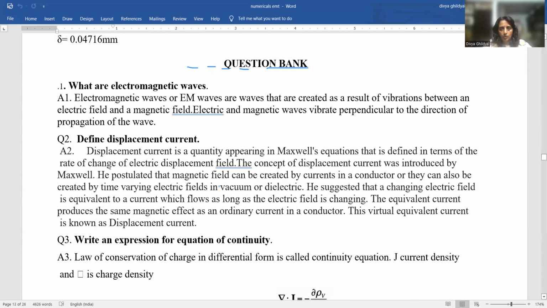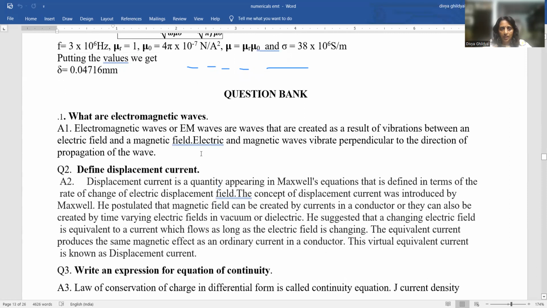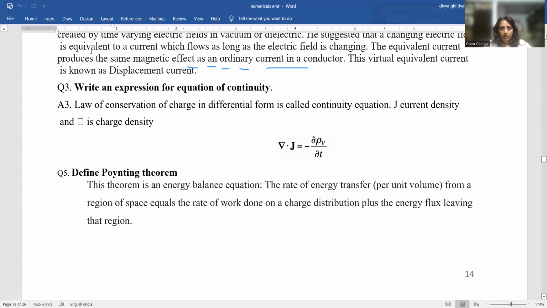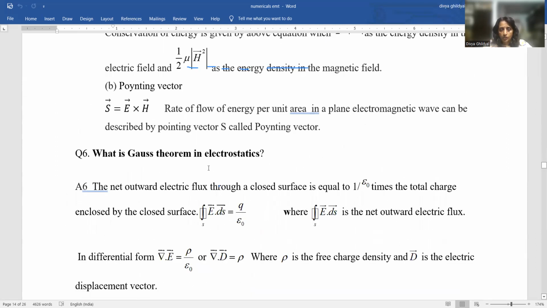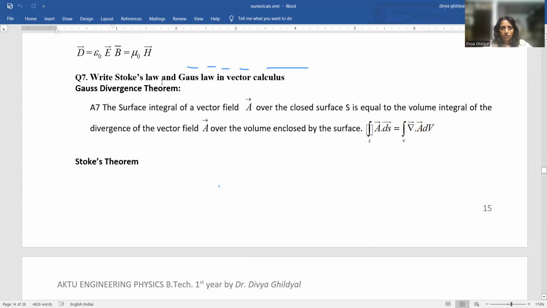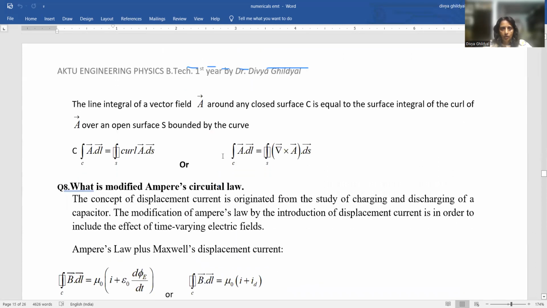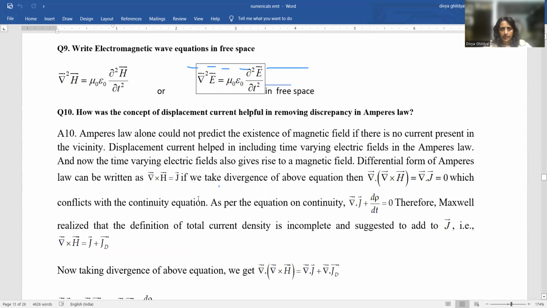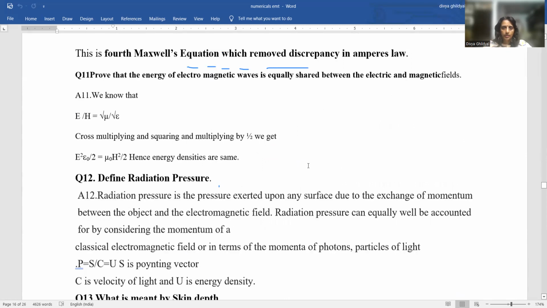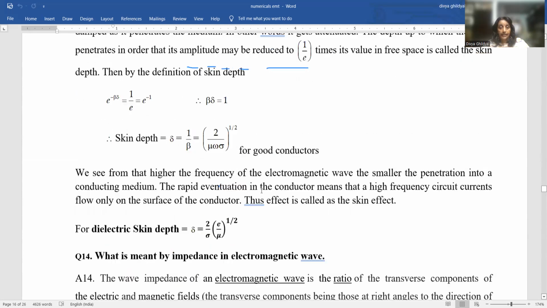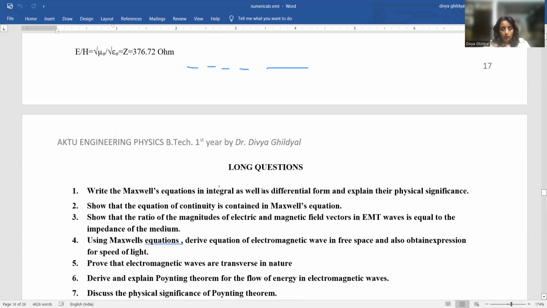Now, I have given you some answers for simple section A questions which have often been asked, and how much you are supposed to write in your exam, like what are electromagnetic waves, what is displacement current, write an expression for equation of continuity, define Poynting theorem, what is Gauss theorem in electrostatics, what is Stokes law and Gauss law in vector calculus, what is the modified form of Ampere's circuital law, what is the concept of displacement current, Maxwell's equations, radiation pressure, skin depth, impedance in electromagnetic waves.